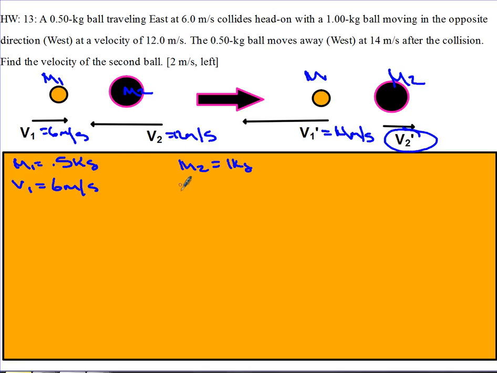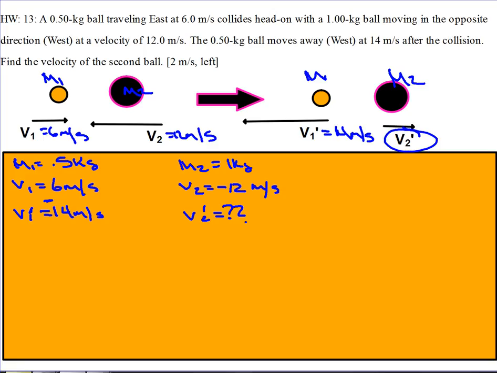The initial speed of the second ball is negative 12. Why is it negative? Because it's going left, or it's going west. After collision, the final velocity of the first ball, so we're going to have a prime there, is negative 14 meters per second, and it's negative because it's going west. Now we need to find V2 prime.